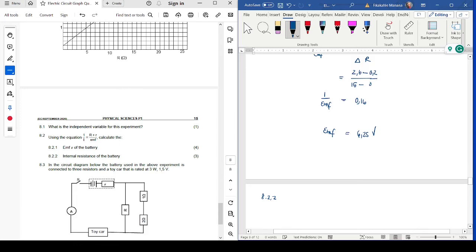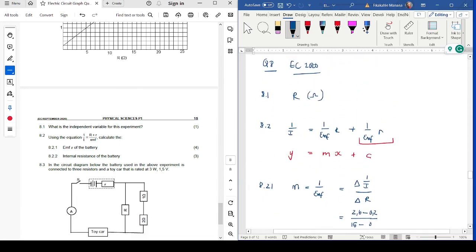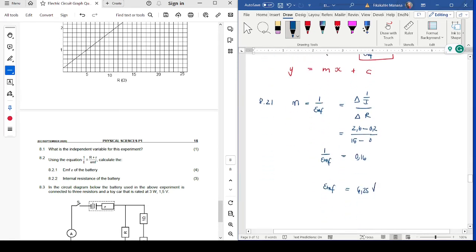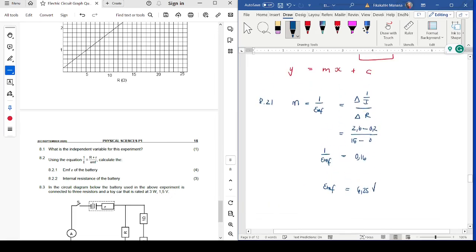8.2.2. Internal resistance of the battery. Okay, let's see. So internal resistance, I will get it there as the y-intercept. Okay, so y-intercept, which is C, is basically R over EMF.